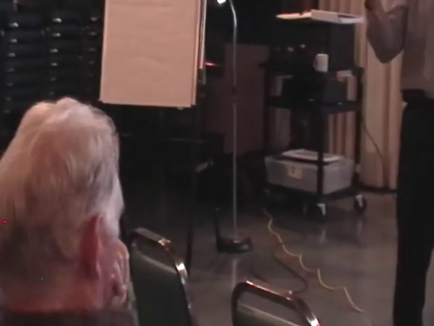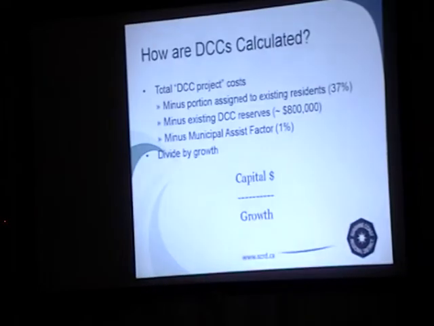But then we're never gonna need the projects. You're never gonna need the project? Yes, if you don't have any growth, unless for some reason people just go crazy with their water use. But based on current per capita water use, if there's no growth, you won't need additional capacity.